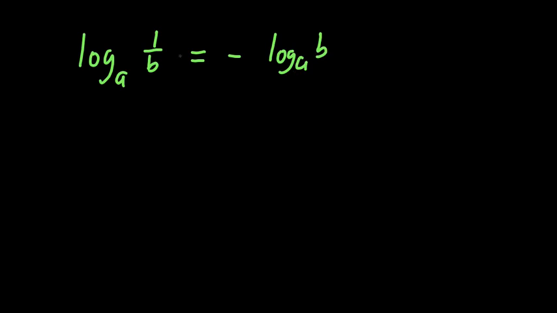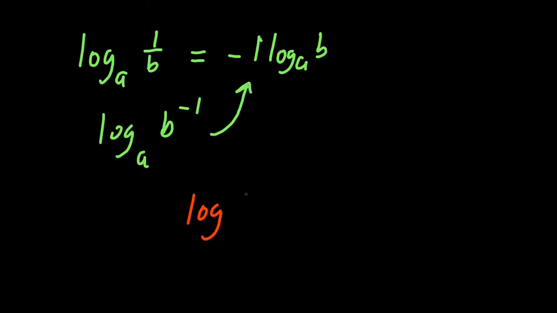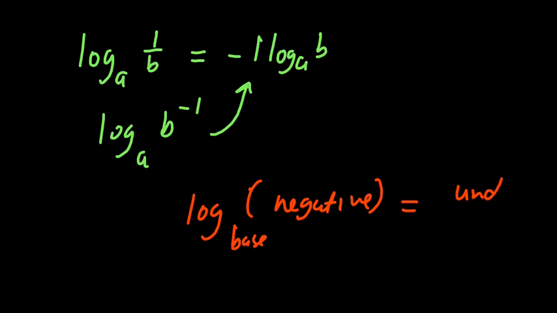Of course, we know that log a of 1 over b is the same as b to the power minus 1, and that's why the minus moves here. Another thing I wanted to say is that for log of any base, if we have a negative number inside the logarithm, of course it's undefined.